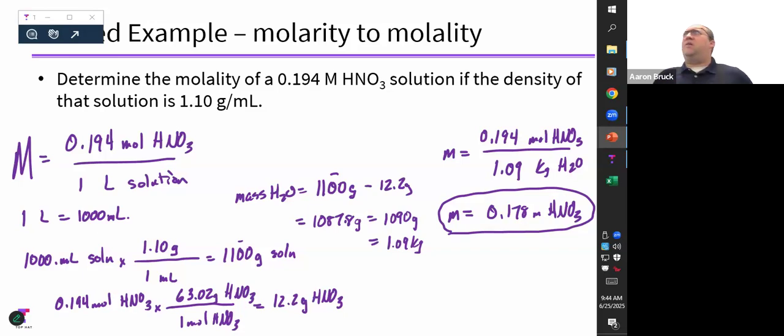I've got 1.09 kilograms of water and I know the density, so I'm going to just turn that into liters, and there I go. Or in this case, I figured out the number of grams of nitric acid, and now I'm going to turn that into milliliters, and there's my answer. And it doesn't work out well.